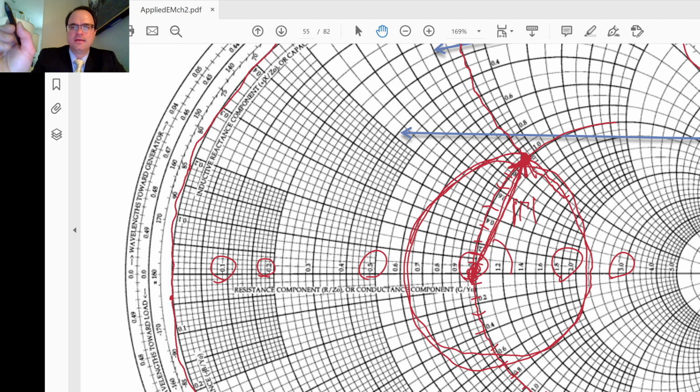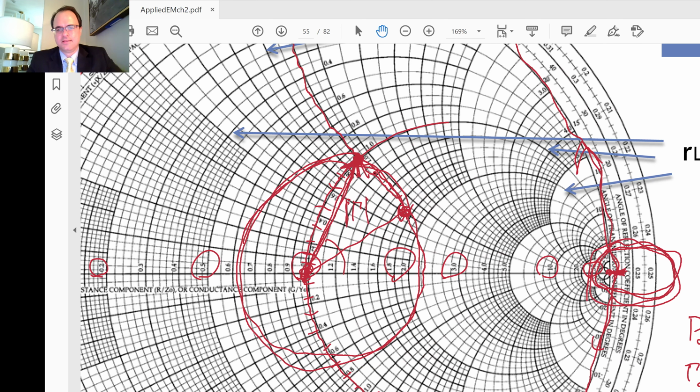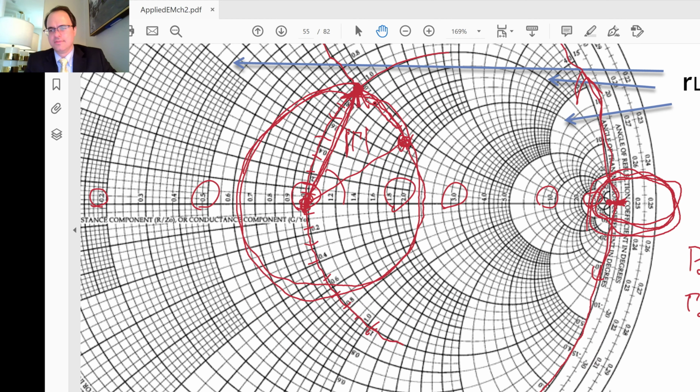Now, that's just the load. If we want to calculate the phase shifted reflection coefficient further down the line, we go a certain angle given by this right here, the theta d.